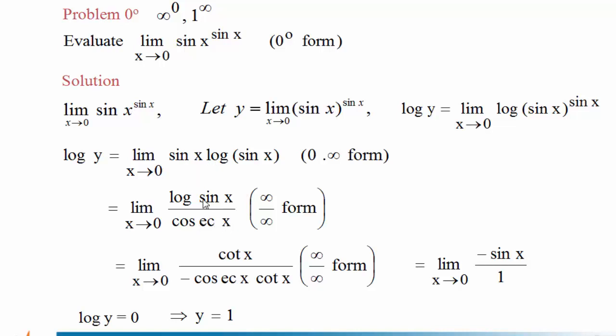That's why we replace sin x by cosec x and start applying L'Hospital rule, because L'Hospital rule can be applied for infinity by infinity. Take the derivative of the numerator, that will be cot x, and the derivative of the denominator will be minus cosec x cot x. Cot x gets cancelled, and 1 upon cosec means sine.